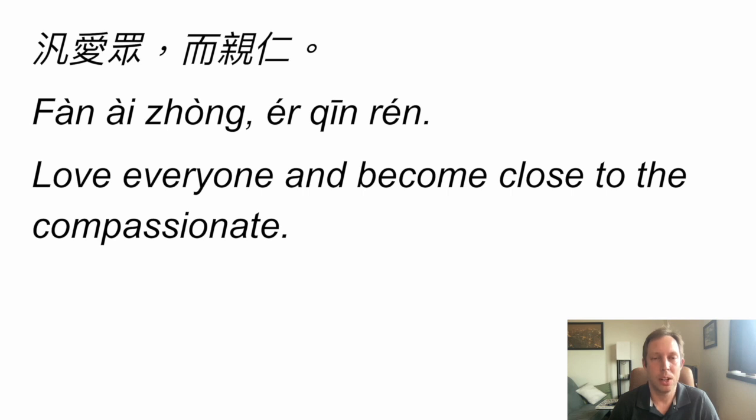A lot of times there'll be an adjective like this that's used to mean people who are that adjective. So in this case, meaning compassionate people. So 泛爱众而亲仁, love everyone and become close to the compassionate.